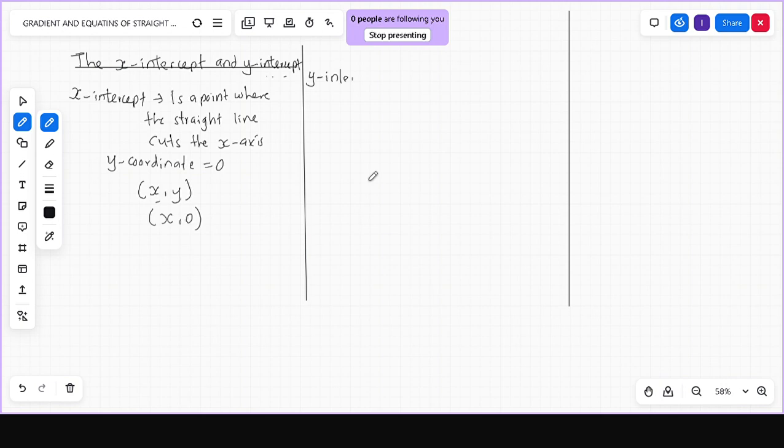The y-intercept is a point where a line cuts the y-axis.